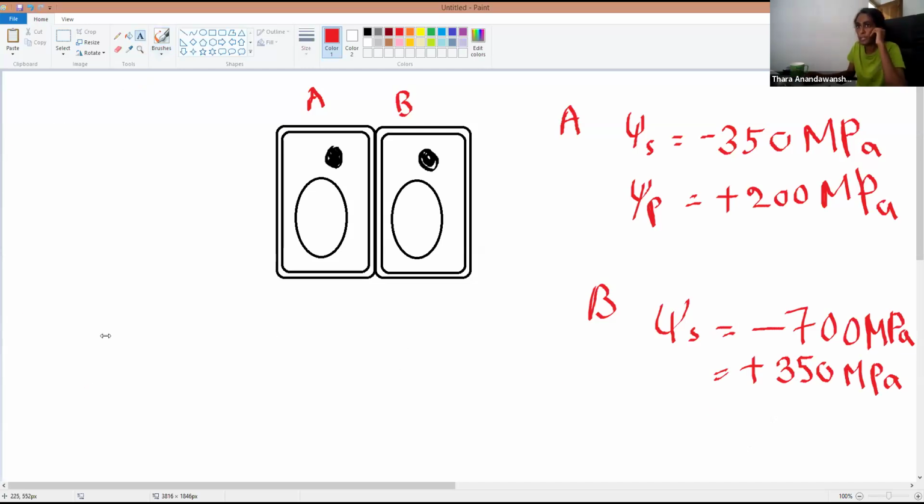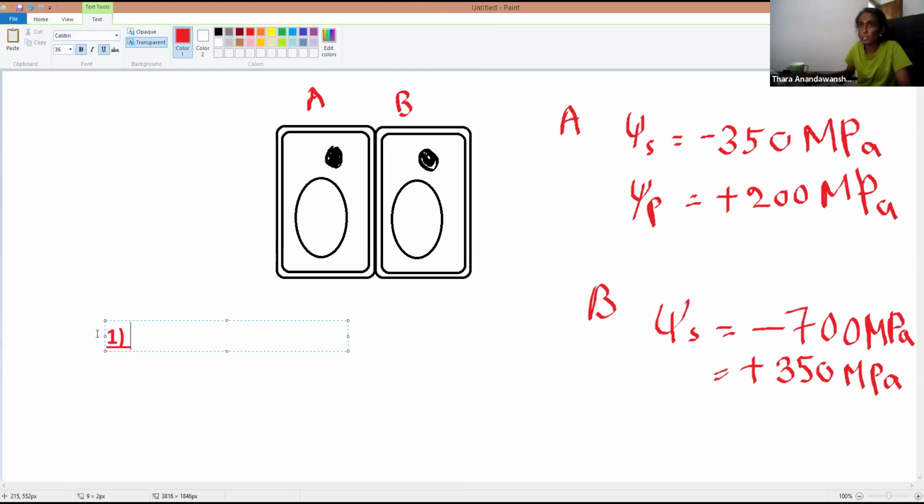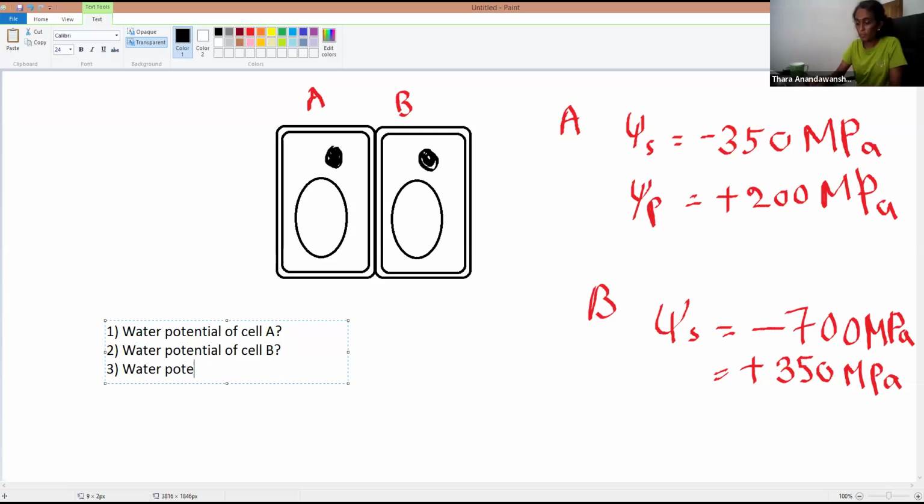You have to find out the following things. Number one, water potential of cell A. Number two, water potential of cell B. Number three, direction of water flow.